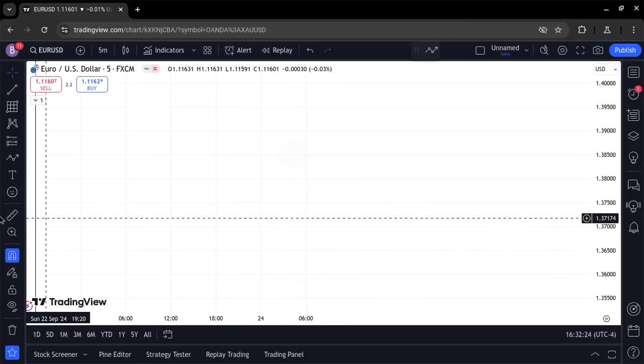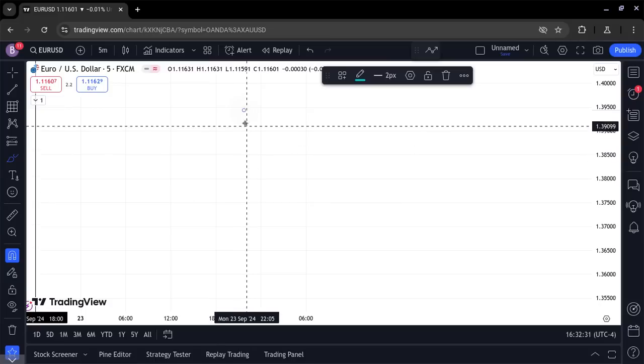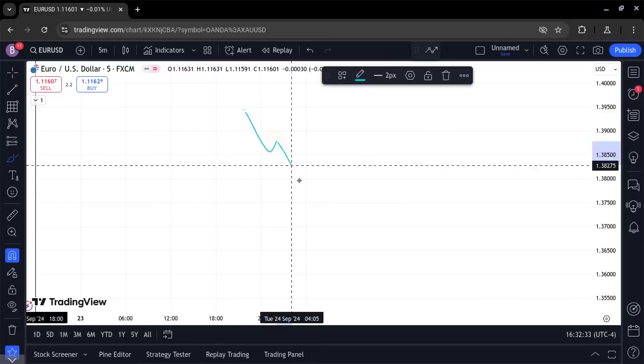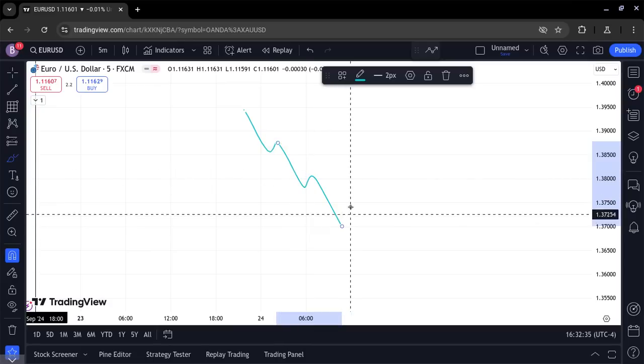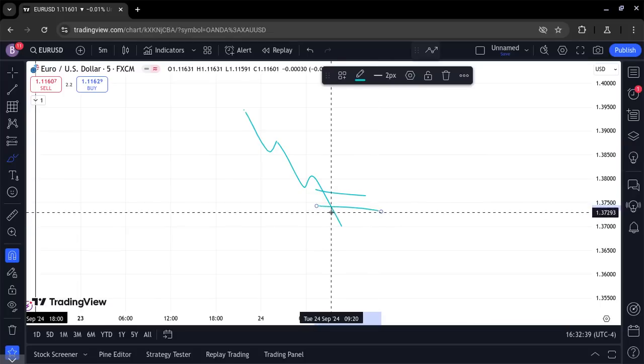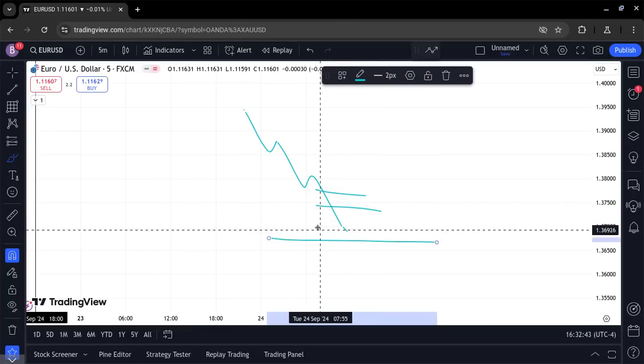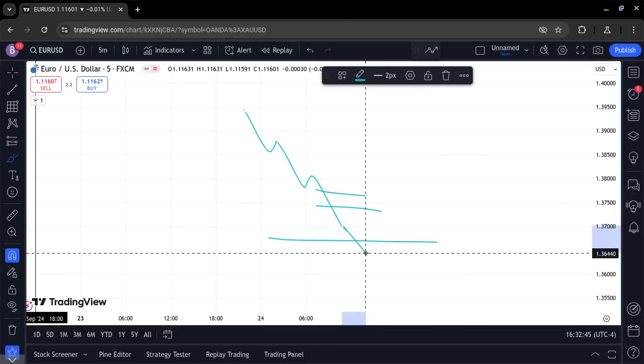So if you know what I'm saying is, there is a leg down. Okay, in this leg down there is an FVG right here, a bearish FVG. Okay, it hits the key level right here.